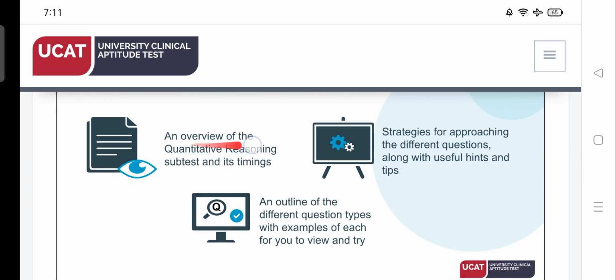First, an overview of the quantitative reasoning subtest and its timing. Second, strategies for approaching the different questions along with useful hints and tips. An outline of the different question types with examples of each for you to view and try.